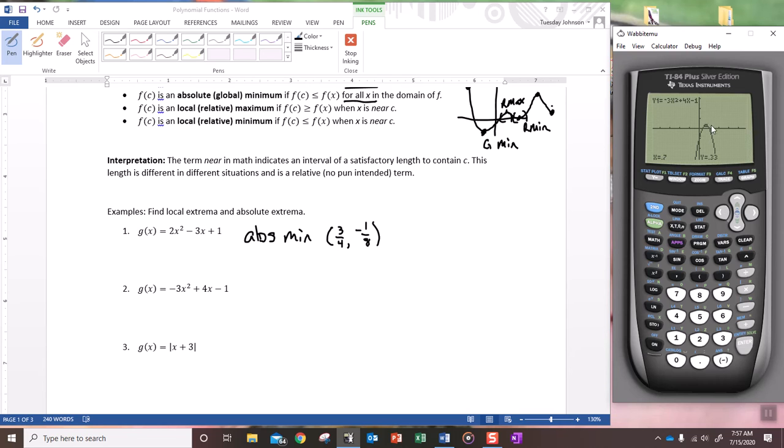So I know that my vertex is somewhere around here, my global maximum. In order to calculate it exactly, I can find the maximum, a left bound. So now we're trying to define what that near means for this graph. So somewhere on the left of the highest point, enter. Somewhere on the right of the highest point, enter.